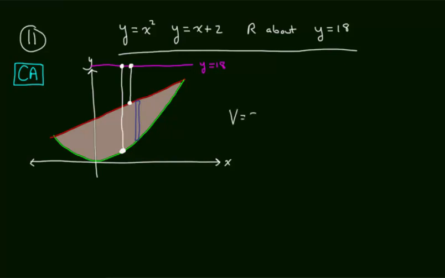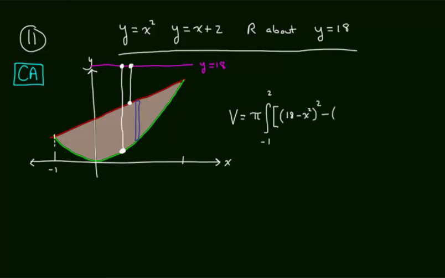The volume equals, I'll pull out the pi, from the first washer at x equals -1 to the last washer at 2. Then I will need my outer radius, which is going to be 18 minus the parabola, quantity squared.